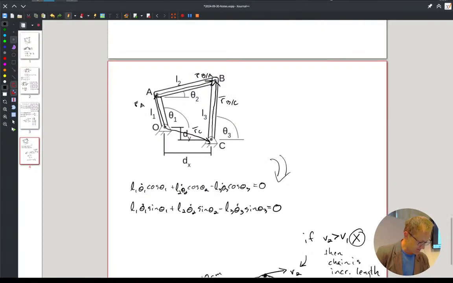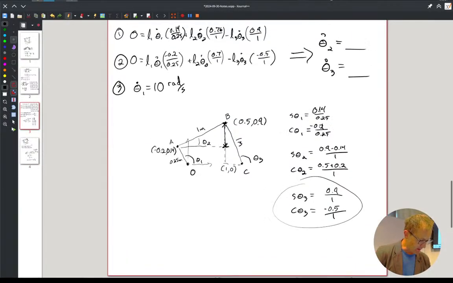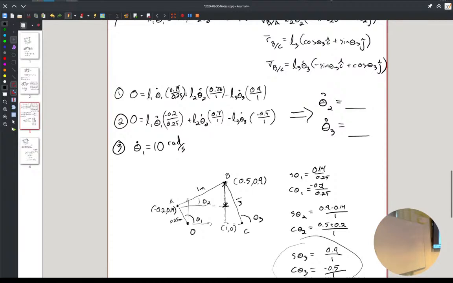All right, so what do we think? What are these numbers, theta 2 dot, theta 3 dot? How did we get there?